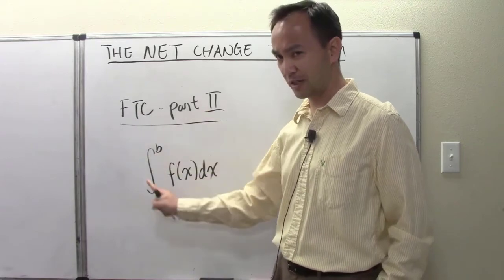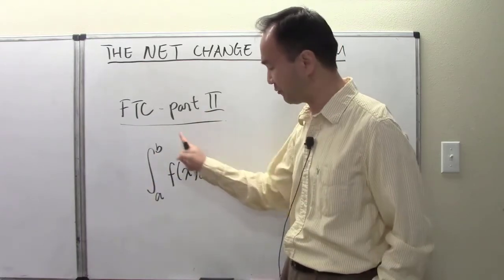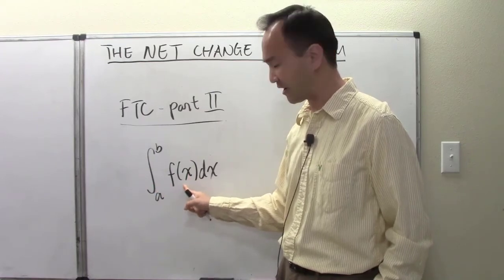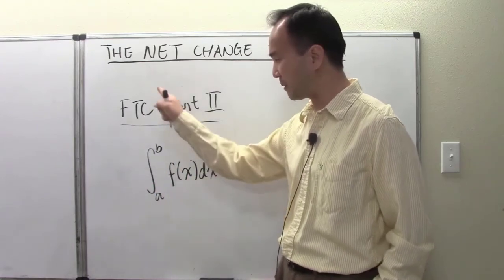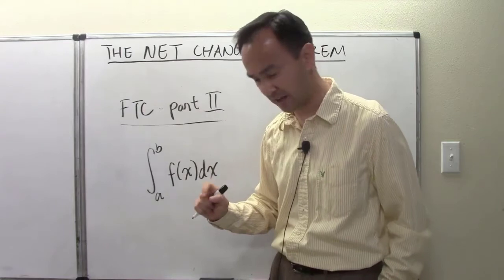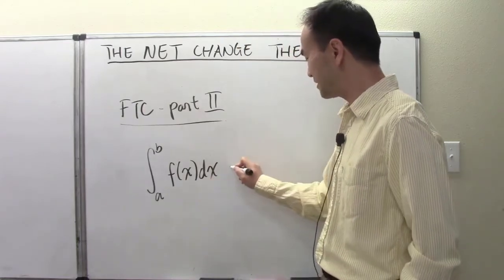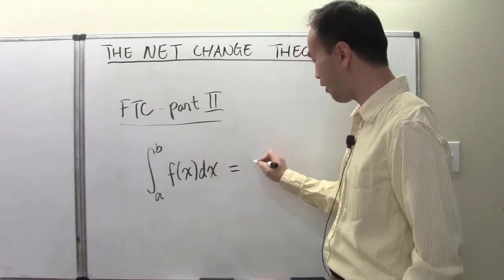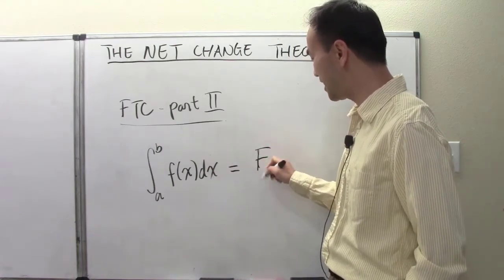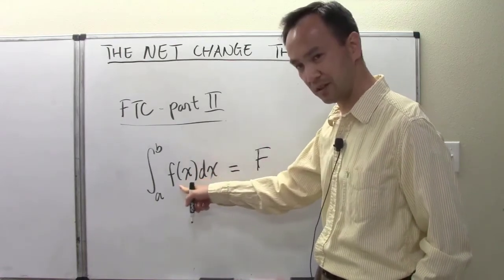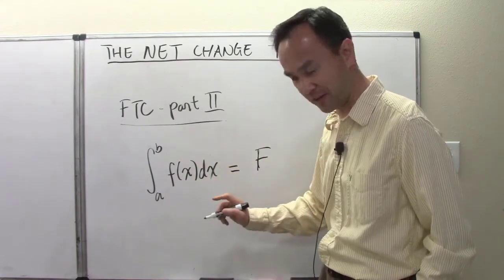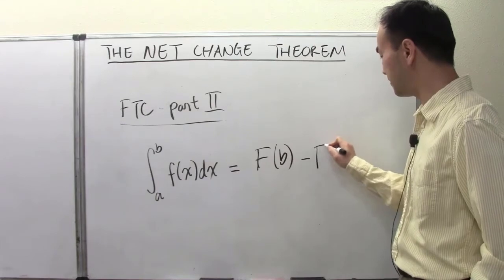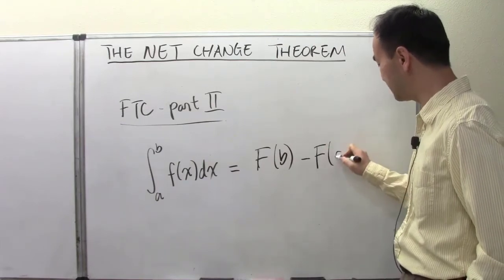An integral is accumulation. So anytime we're accumulating on a function from a to b, the fundamental theorem of calculus, part 2, stated that all we do is find the capital F relative to this lowercase f, and evaluate that at b, and then that capital F evaluated at a.